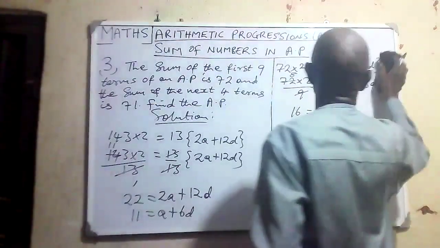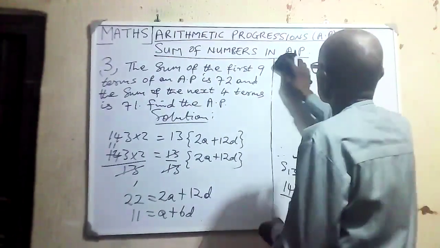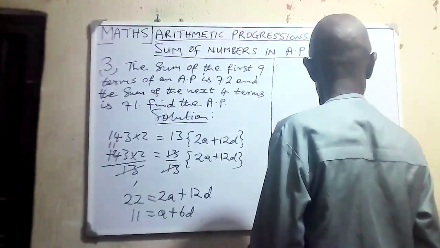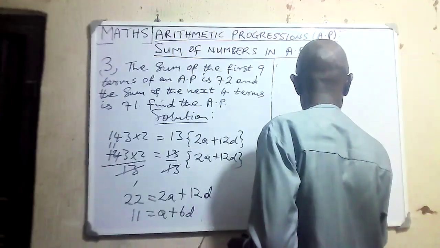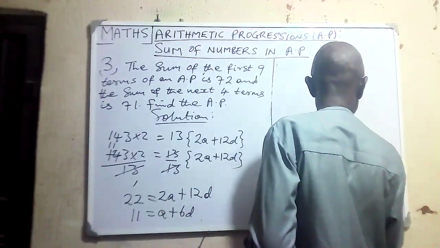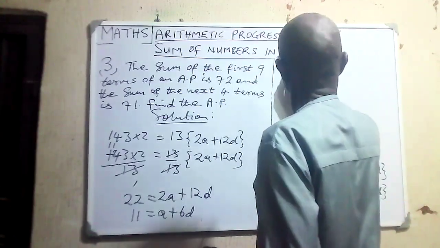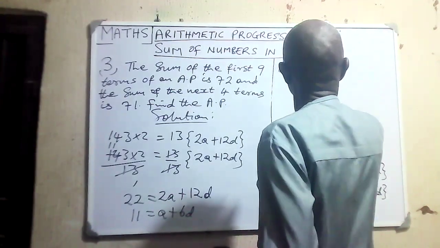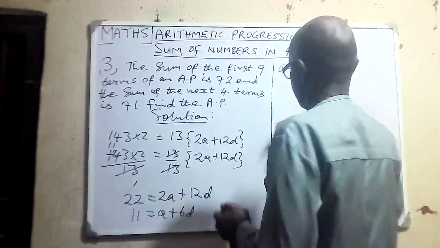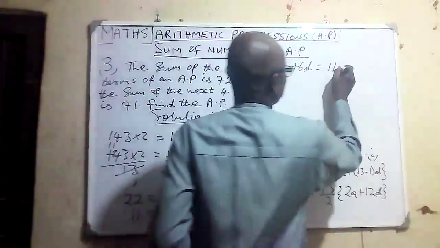So going over here again, we can rewrite it. This place will have a plus 4d equal to 8. That's our first equation. So coming back, we have a plus 6d is equal to 11. Now, we call this equation 2.